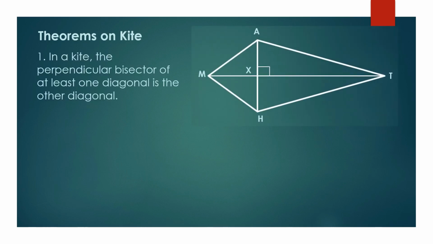The first theorem. In a kite, the perpendicular bisector of at least one diagonal is the other diagonal.